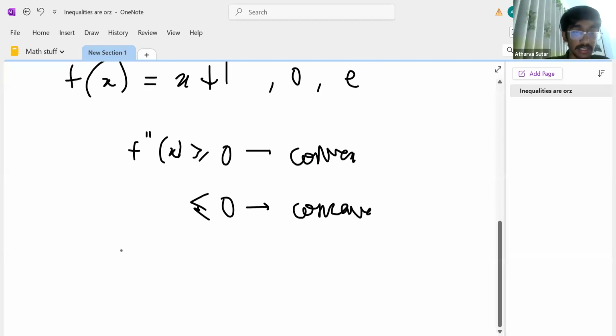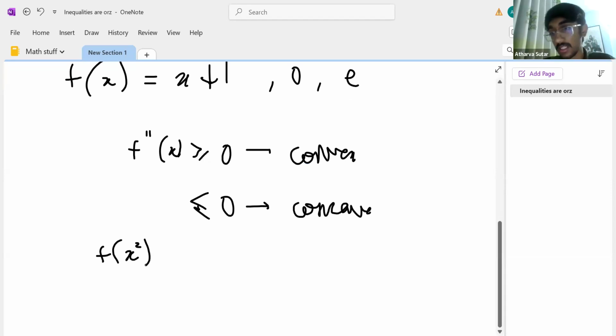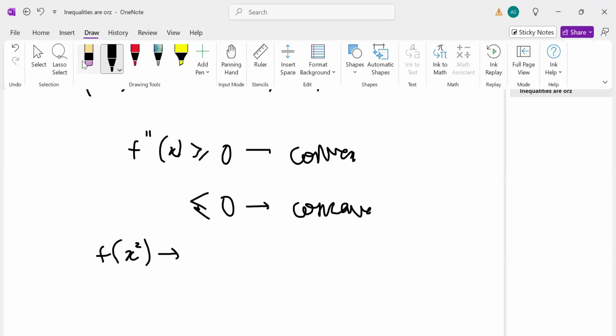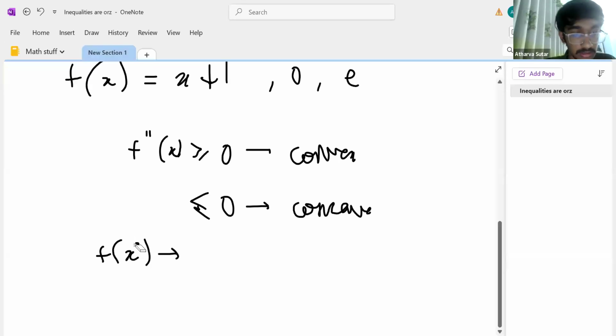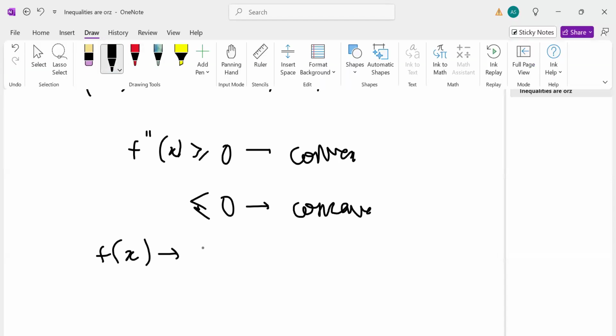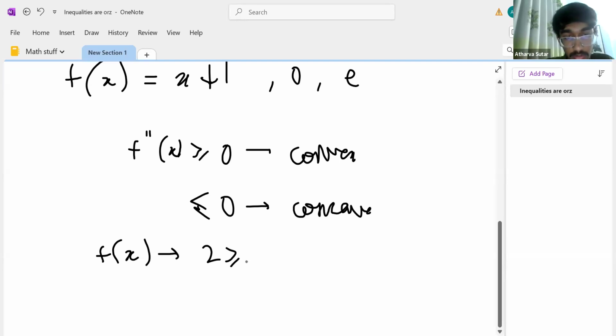For example, let's say f of x equals x squared. Can anyone tell me what would be the double differentiation of this? 2. Yeah, it's going to be 2, right? And 2 is greater than or equal to 0, so this would be a convex function.